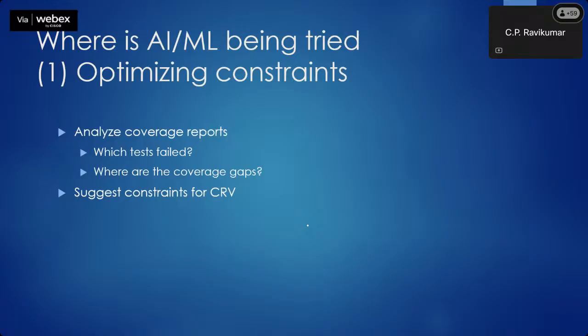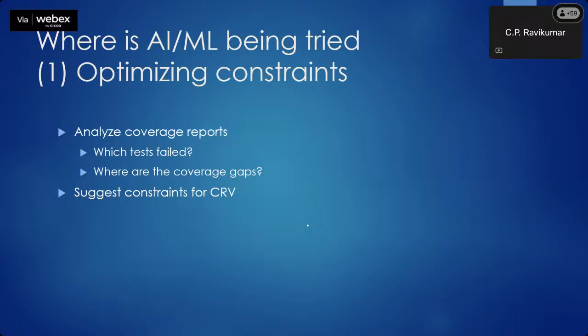See, there is good reason for that, right? The amount of money they spend on verification is huge, right? So if a tool can help in reducing the effort in verification, the companies will be very keen to do that, right? So that is the reason why there is so much interest in applying AI and ML techniques.